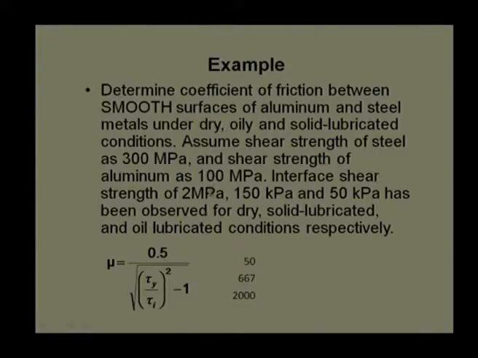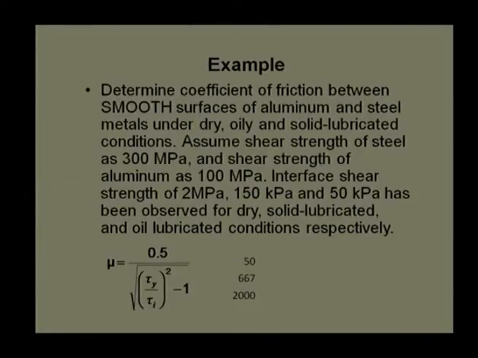If I take this ratio, tau y by tau i, that means 100 megapascal divided by 2 megapascal, that gives me a value of 50. That means this ratio, tau y by tau i, for dry condition is 50, and for the solid lubricated surface it is 667.